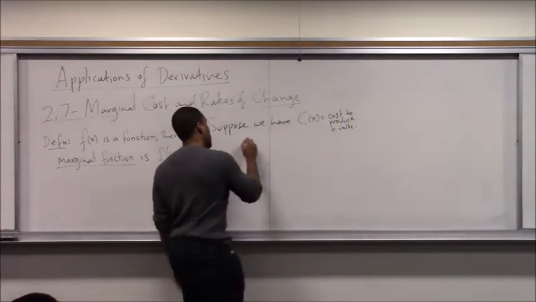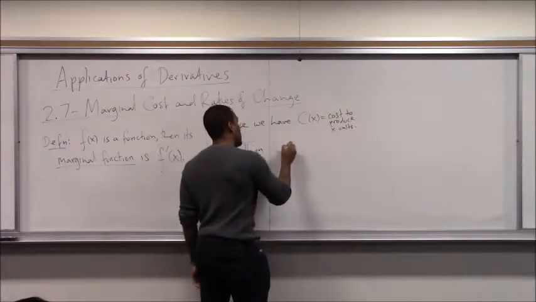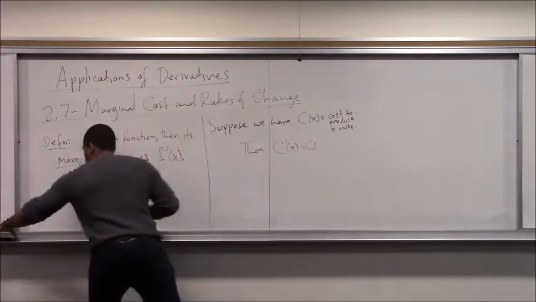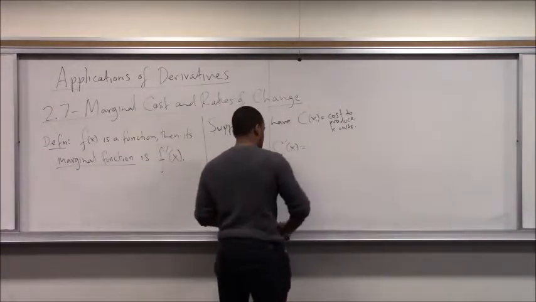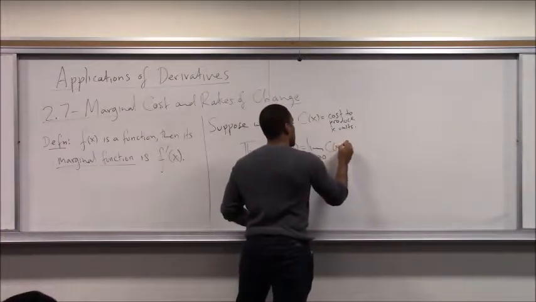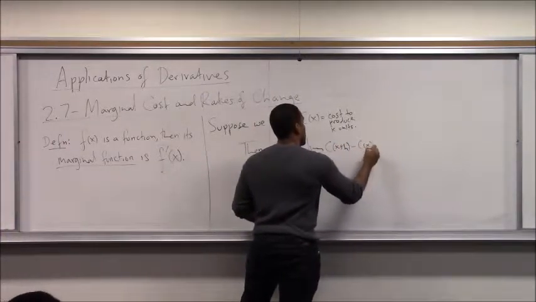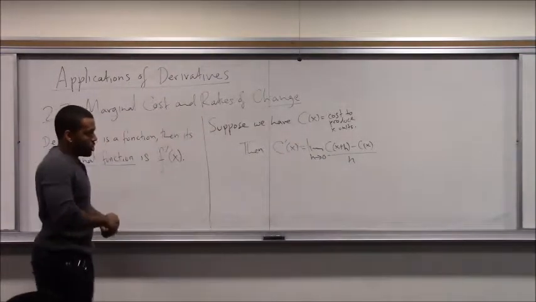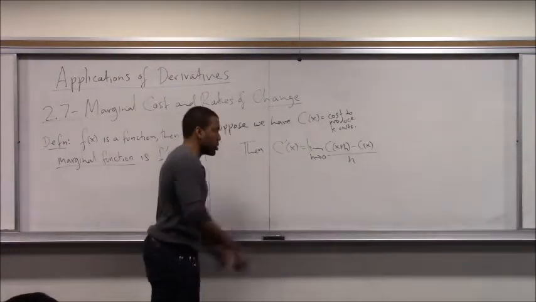Okay. Then, if you look at the derivative of this function, that will just be the limit as h approaches 0 of c of x plus h minus c of x all over h. And remember what the limit is trying to do? It's just trying to let h get closer and closer to 0.